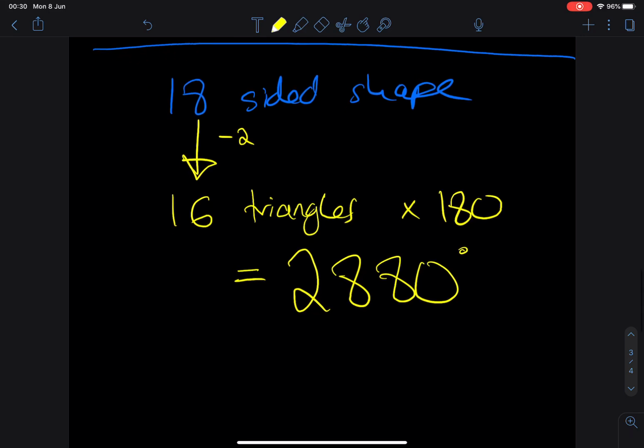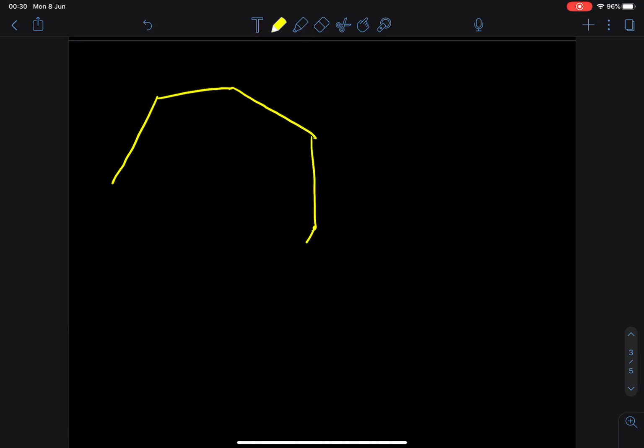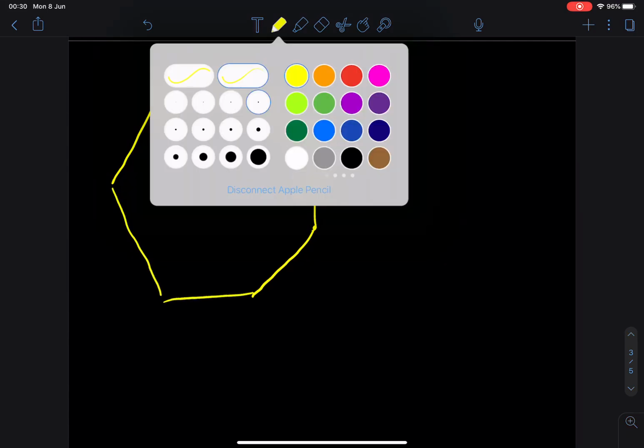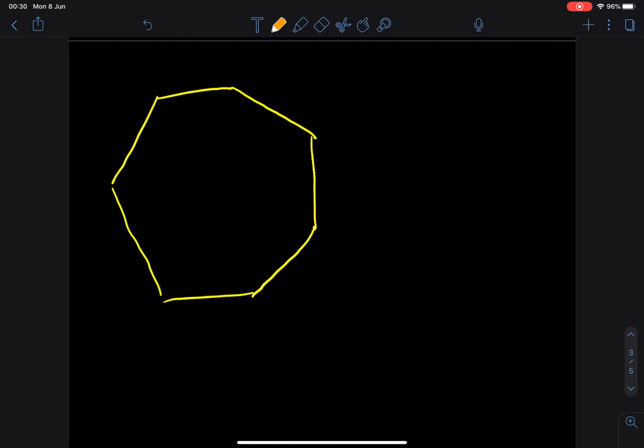Now, where can I apply this to a slightly simpler question? Let's say I have got 1, 2, 3, 4, 5, 6, 7. Slightly better attempt at drawing a heptagon. Now a heptagon has 7 sides.